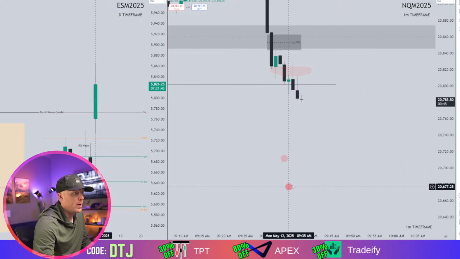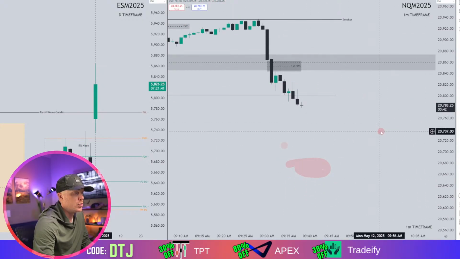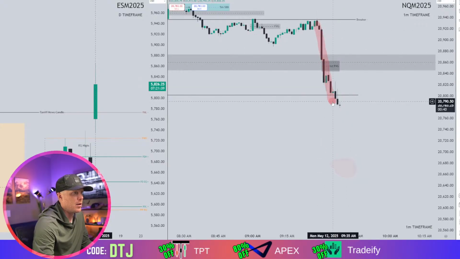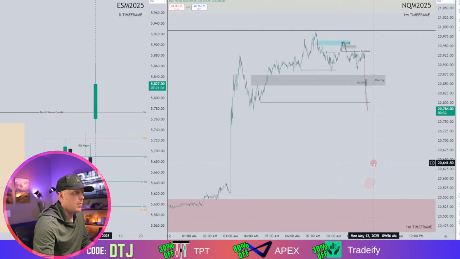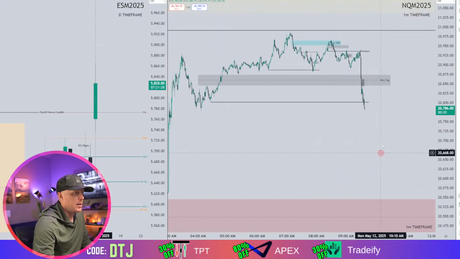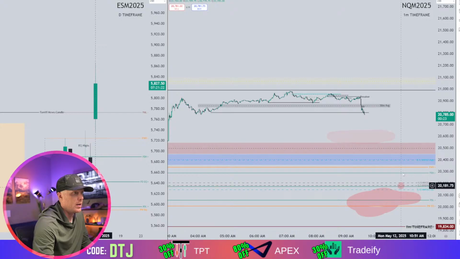But if we're already down here, I don't know if I'm going to do that because I want to get it at the inception of the move, not the potential terminus of the move. But all of that is subjective. I mean, we could say, oh, we're really in discount right now. Really? Well, it could keep going all the way down here.